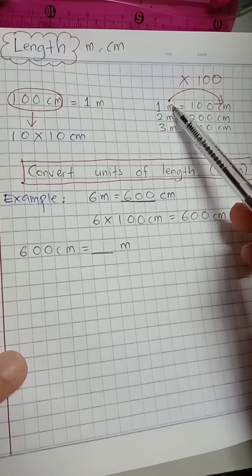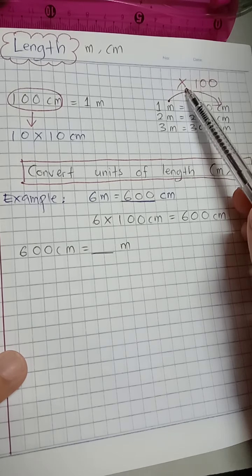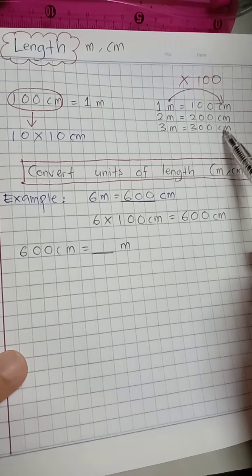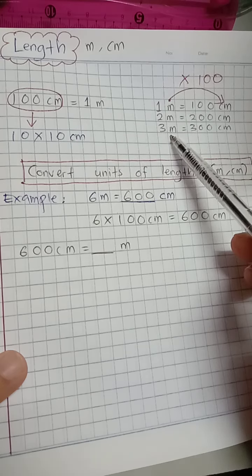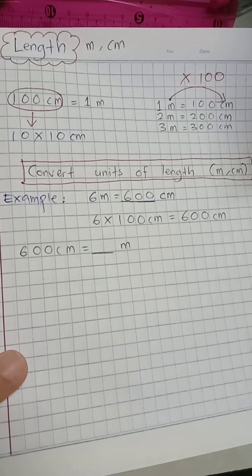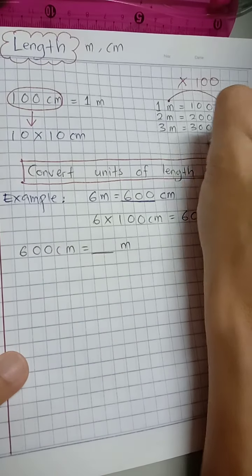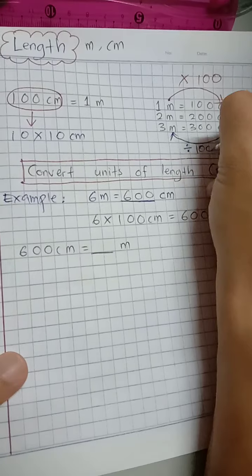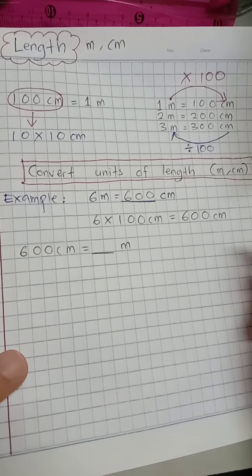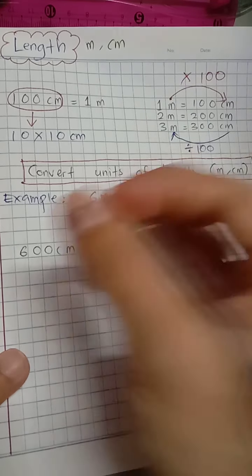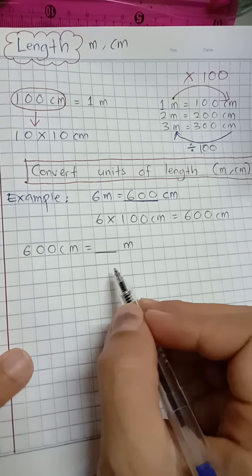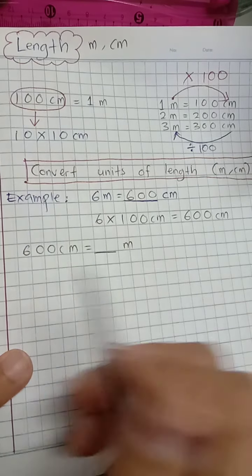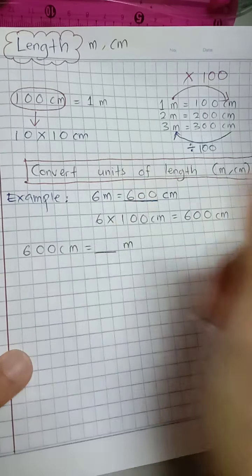From meter to centimeter, that is multiplication, isn't it? So from centimeter to meter, it should be the other way around. It means from centimeter to meter, you divide by 100. So you can show the long division, or you can use fraction. This is the working.